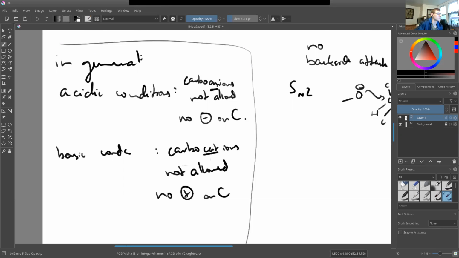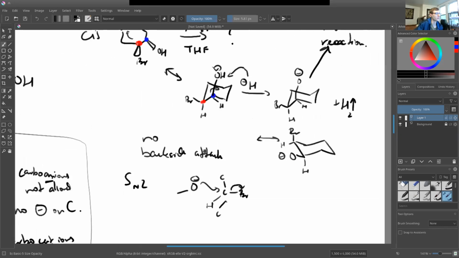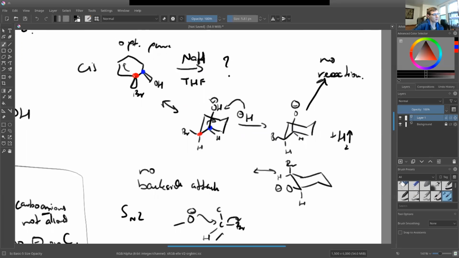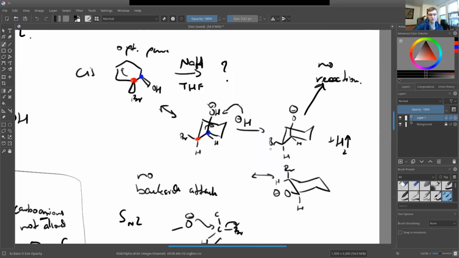And so in this case, sodium hydride is super basic because it's just going to rip off a hydrogen. So this whole thing overall has to be a really basic solution. And that tells us that none of this is going to get protonated.